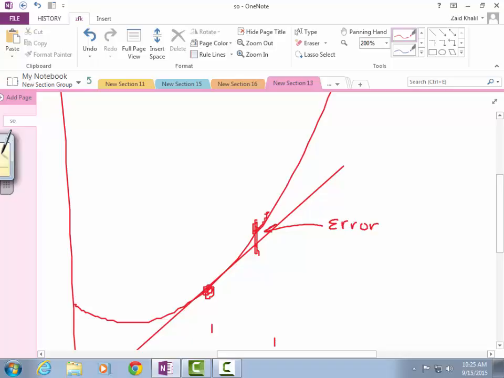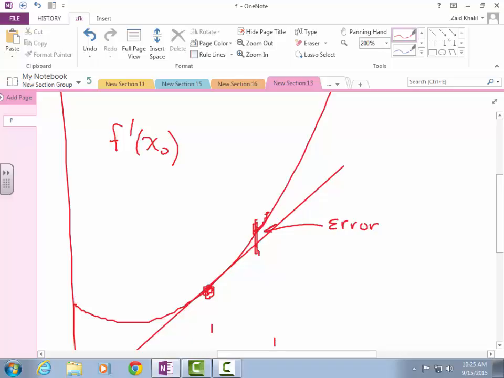So let's take a look. Right here, if I were to ask you, how do I find this? Well, the fact that this is tangent means what? This is tangent at x0. What does that line define? What's the slope of that line? F prime at x0. Right? And what is f prime of x0?